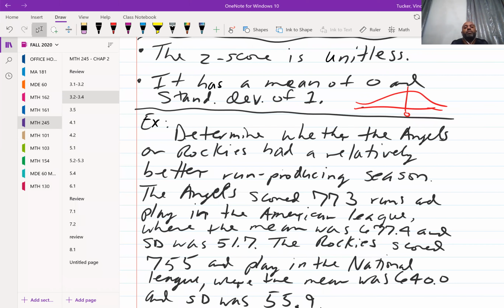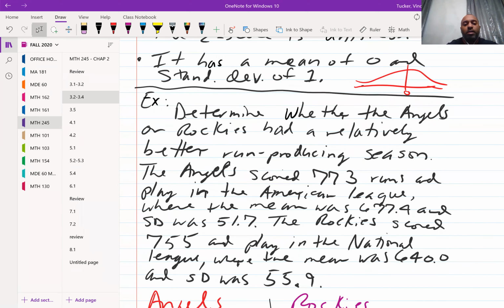So, first example, determine whether the Angels or Rockies had a relatively better run producing season. The Angels scored 773 runs and play in the American League, where the mean was 677.4 and the standard deviation was 51.7.